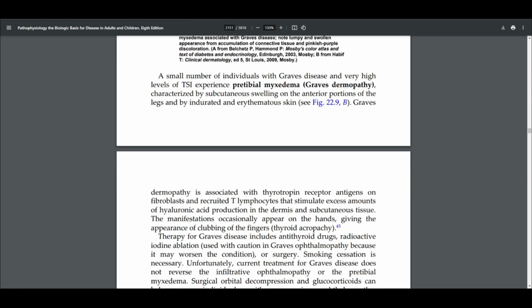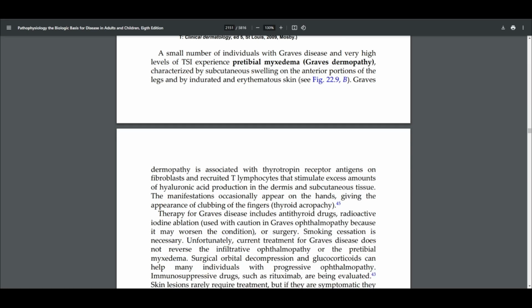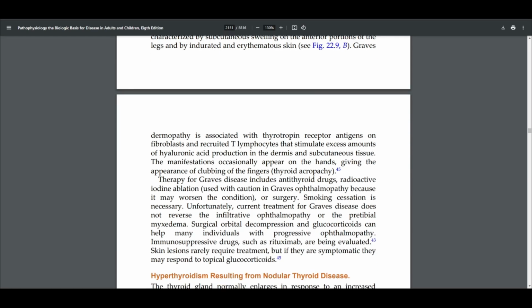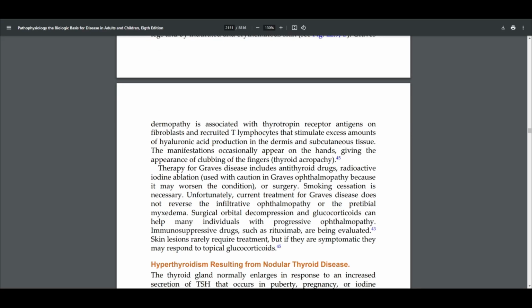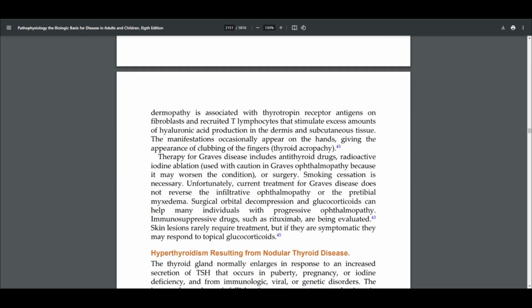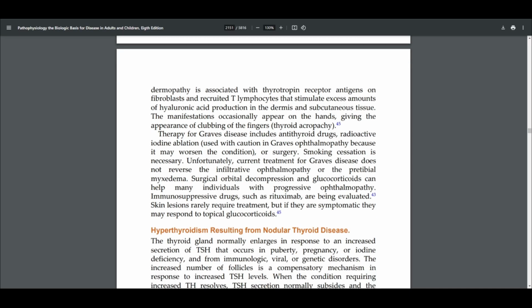Graves' dermopathy is associated with a thyrotropin receptor antigen on fibroblasts and recruited T lymphocytes that stimulate excess amounts of hyaluronic acid production in the dermis and subcutaneous tissues. The manifestations occasionally appear on the hands, giving the appearance of clubbing of the fingers, your thyroid acropathy.